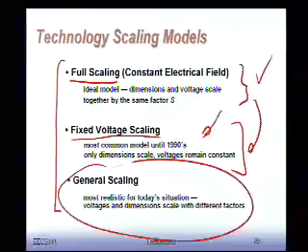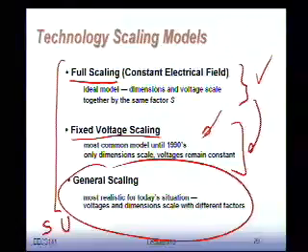Now, I can do something in between, which is the more realistic one. It says, well, I scale voltages and dimensions with different parameters. I'm going to use a parameter S for the technology or for the dimensions, and a parameter U for the voltage scaling. So I have two parameters I can independently change.